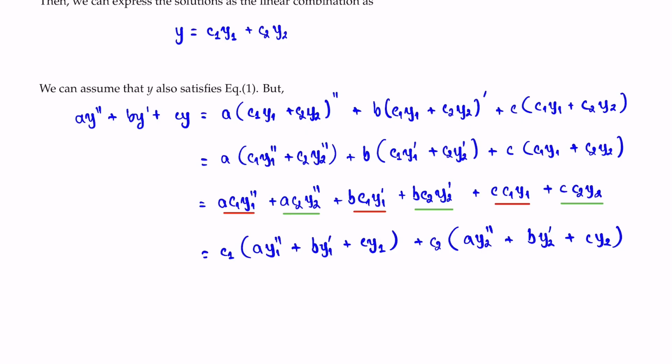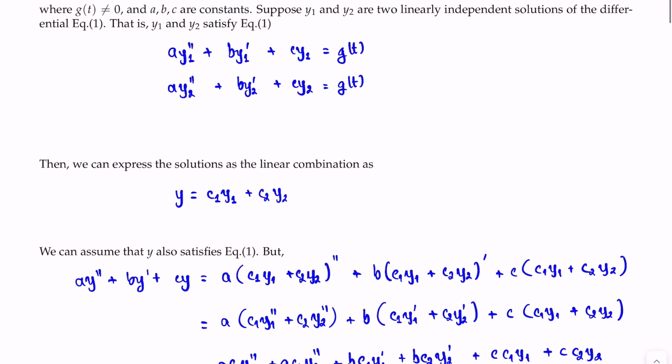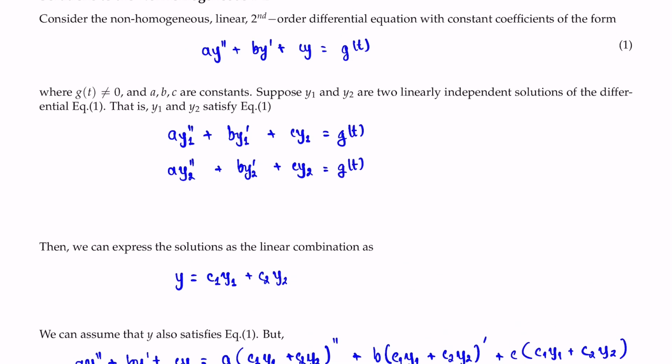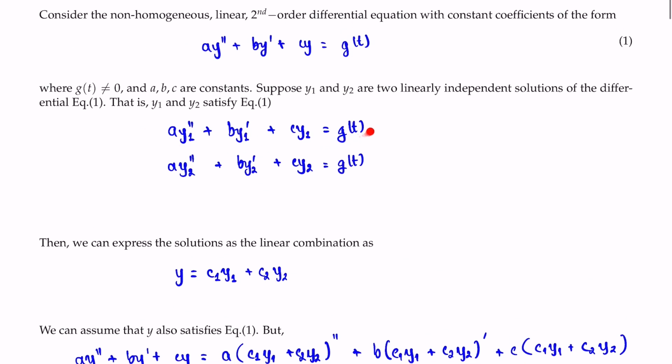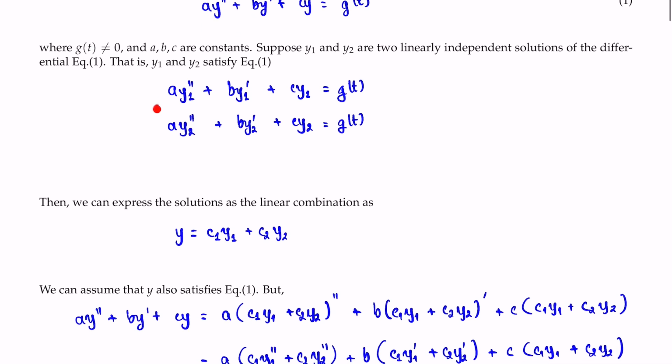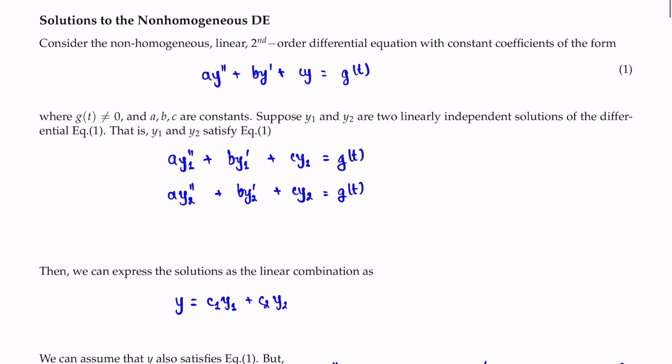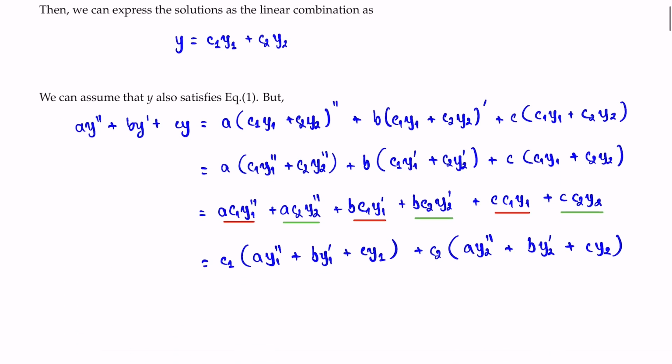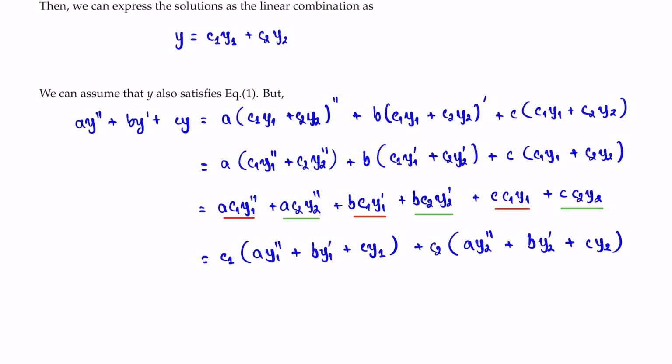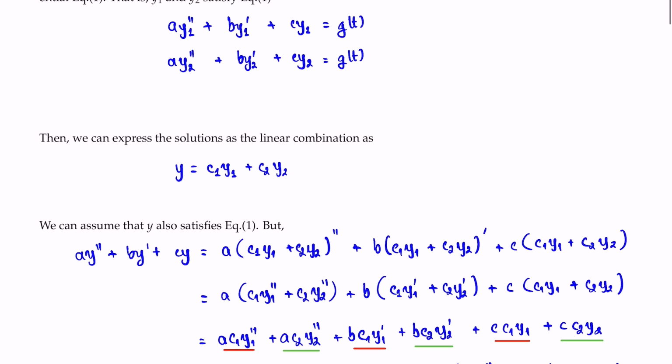And we made an assumption earlier that y1 and y2 are two solutions of the non-homogeneous equation. That is, when you plug in y1 into the differential equation, this is what you get. And when you substitute y2 into the equation, this is what you get. So this part of the expression right here is equal to g of t, based on the first equation.